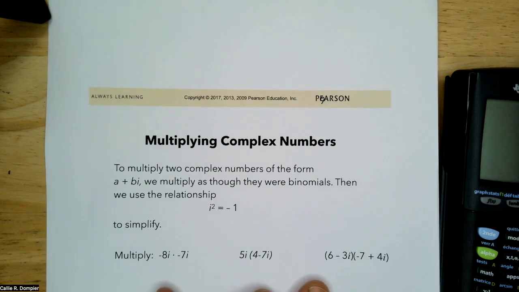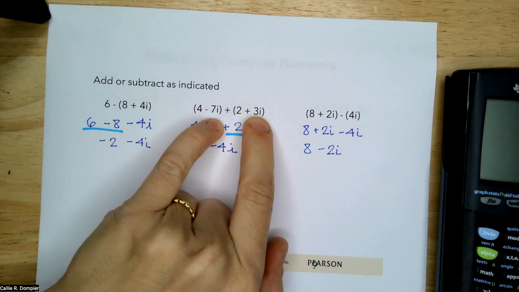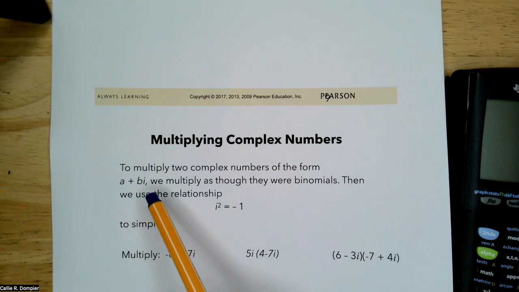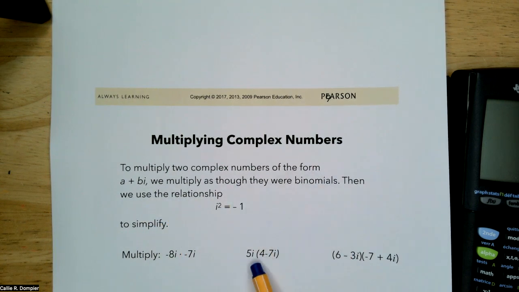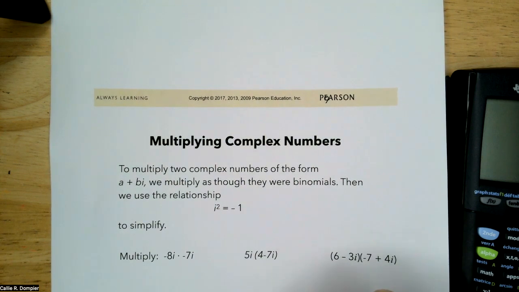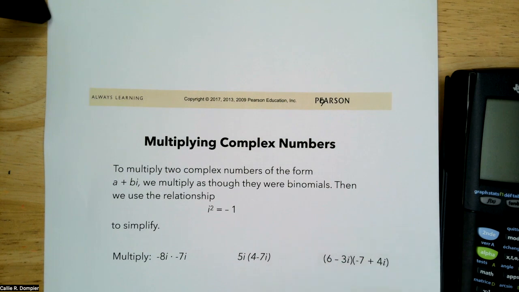Multiplying now. You're going to treat i just like a variable, as we did when we combined like terms. Also, multiply as though they were binomials, right? This is a binomial times a monomial. Then use the relationship: anytime you get an i squared, make sure you change it to a -1, just like we did here.